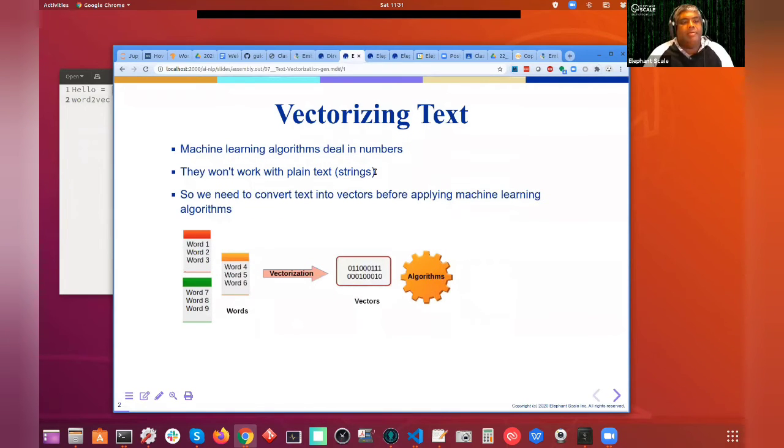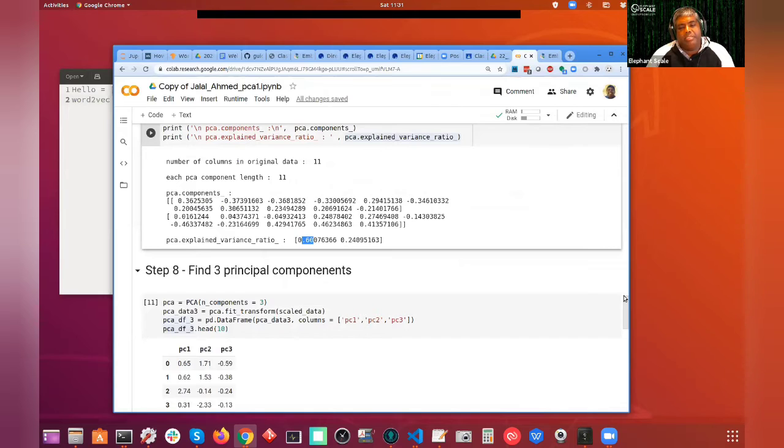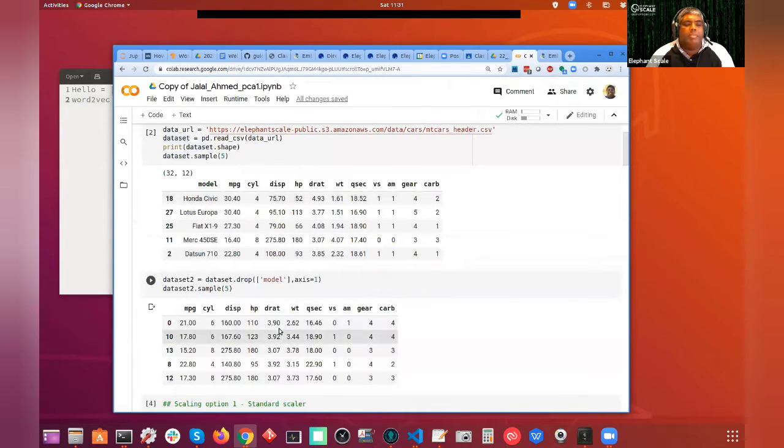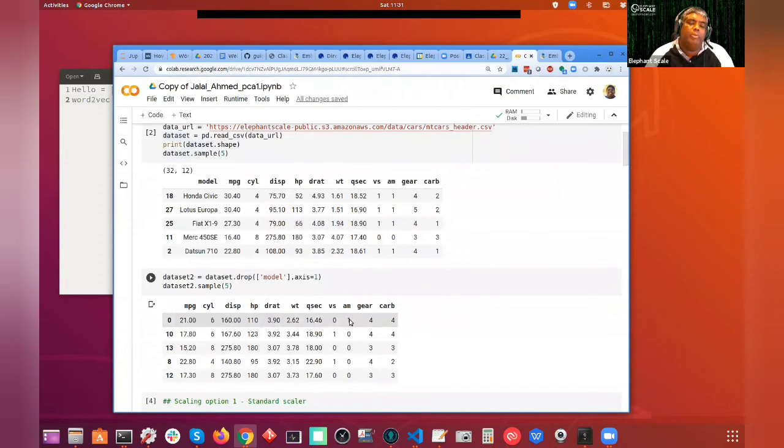All right, so you guys have been doing machine learning for the last few months. Algorithms want vectors, numbers, right? So we call them vectors. But what if you have a bunch of documents? If you look at the car data, luckily for us, it's all numbers, so we can easily fit it into machine learning algorithms, and they can do the math.